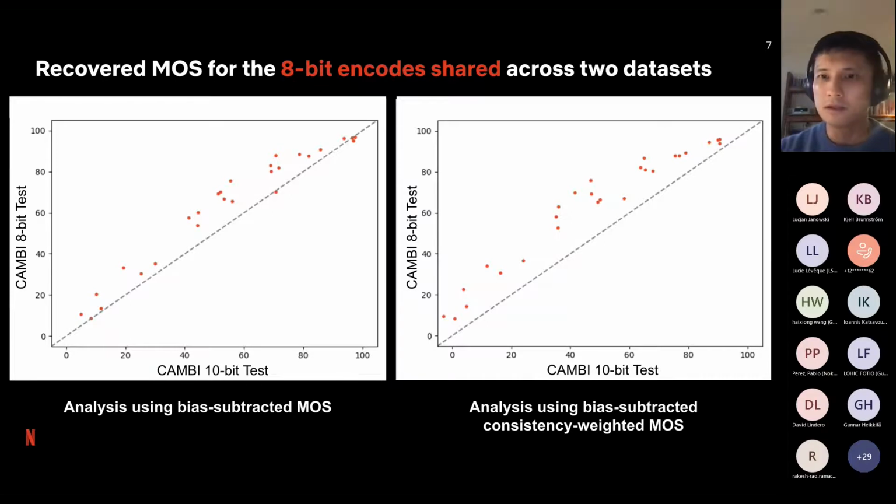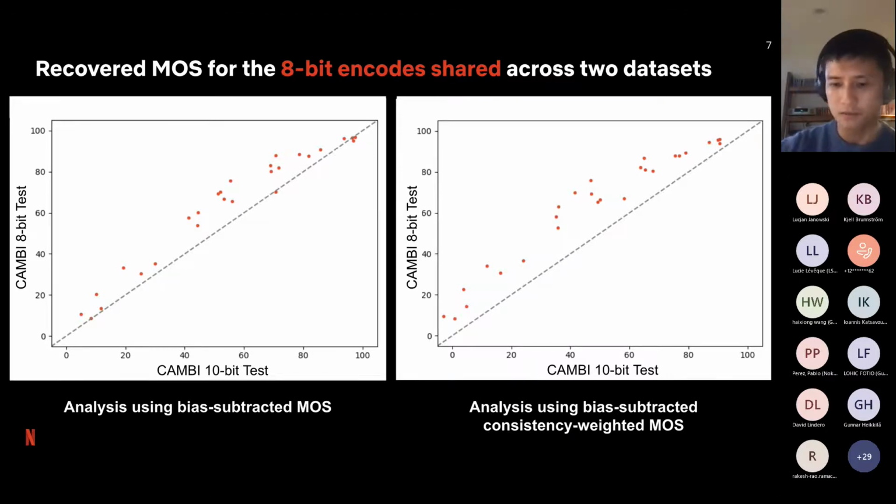When we use these techniques to analyze the two data sets and compare the common data points, we put them into a scatter plot. On the left is the first method, bias subtracted MOS, and on the right is bias subtracted consistency weighted MOS, the second method.